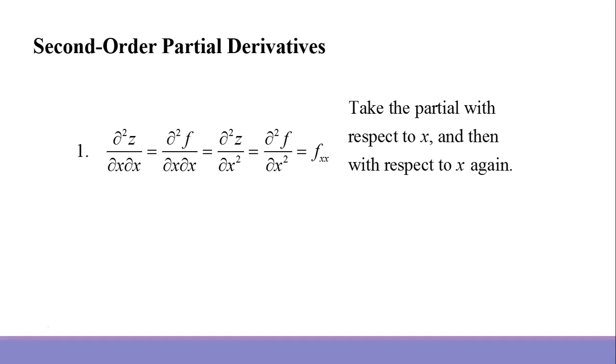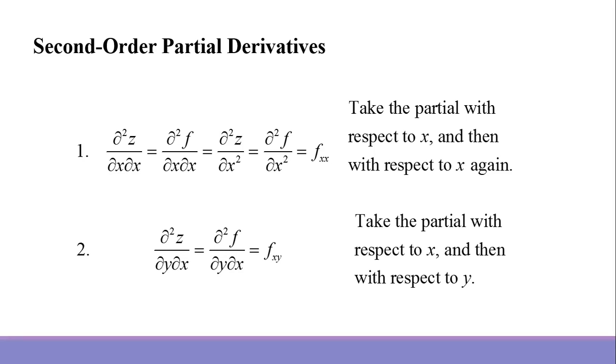All of these notations mean that we're going to be taking a partial derivative with respect to x, and then we'll be taking a partial derivative with respect to x of that again. This notation would mean that we're taking a partial derivative with respect to x, and then we'll take a partial derivative of that with respect to y.